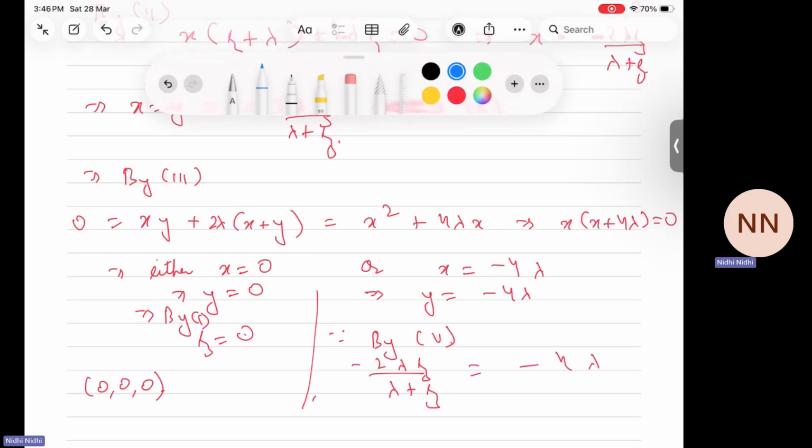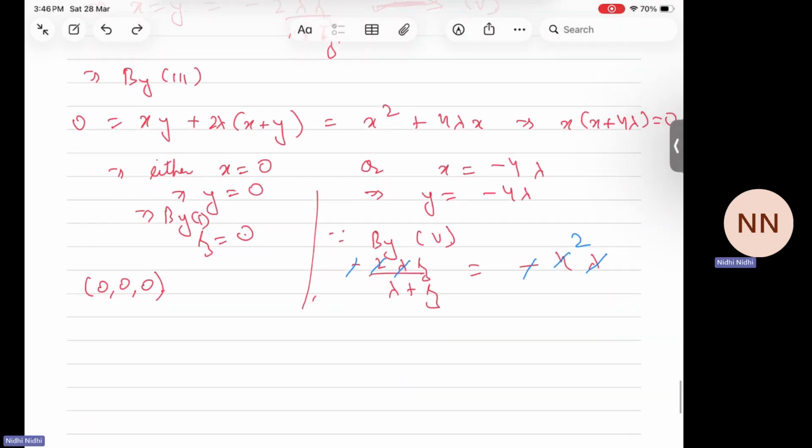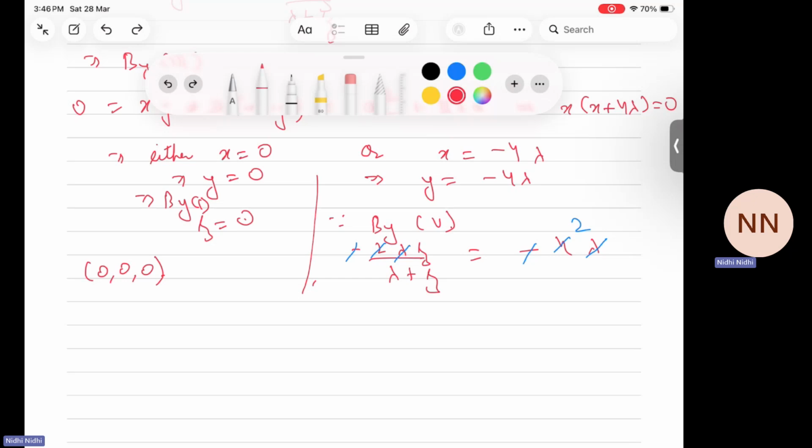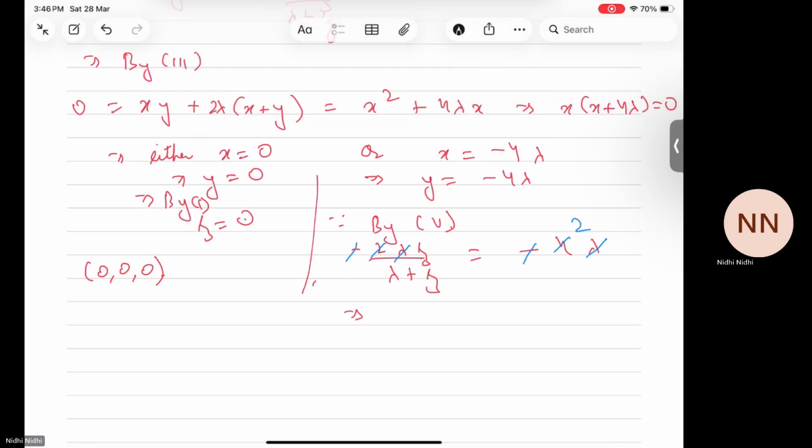So from here, this lambda gets cancelled out, and we are left with z equals 2 lambda plus 2z. That means z equals minus 2 lambda. So x equals minus 4 lambda, y equals minus 4 lambda, and z equals minus 2 lambda.